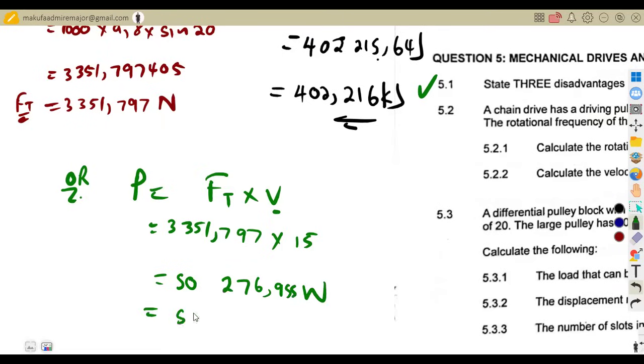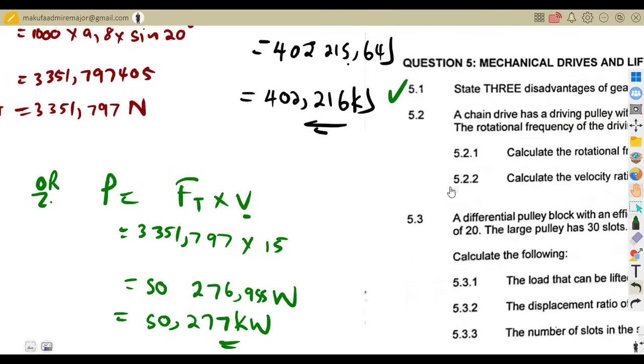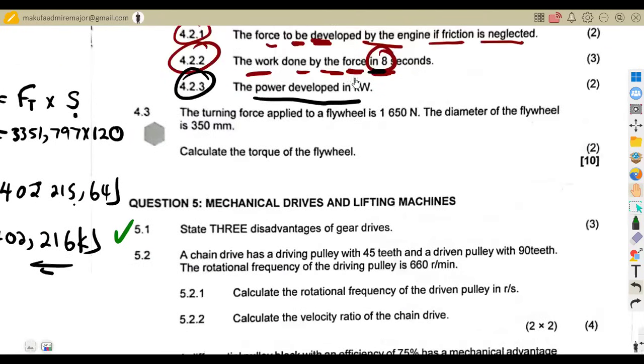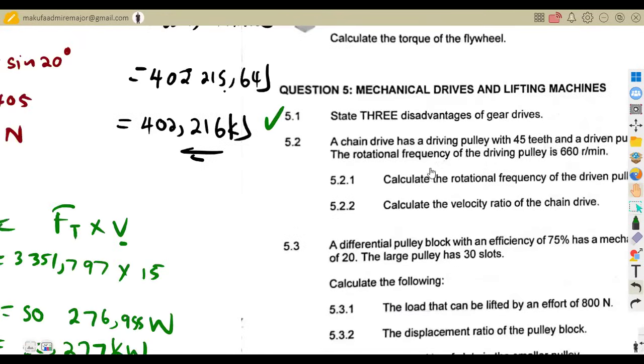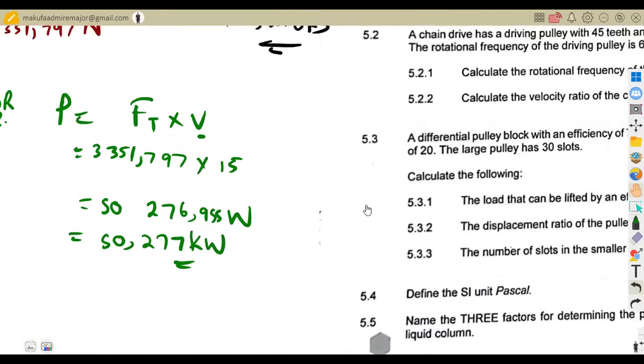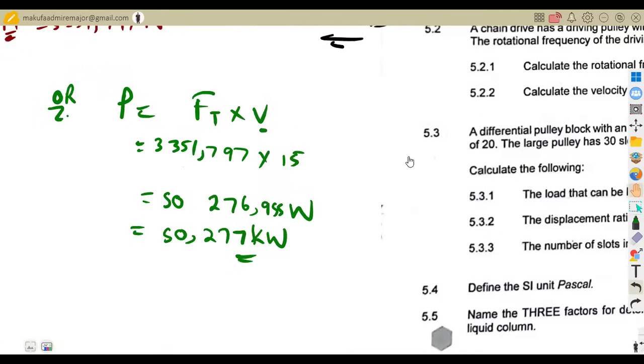So convert to kilowatts, that's 50.277 kilowatts. Remember, we are actually told to give the power in kilowatts. It's an instruction, so you're supposed to use what you're given. That's why I'm converting this to kilowatts. All right. So that was our question 4.2.3.